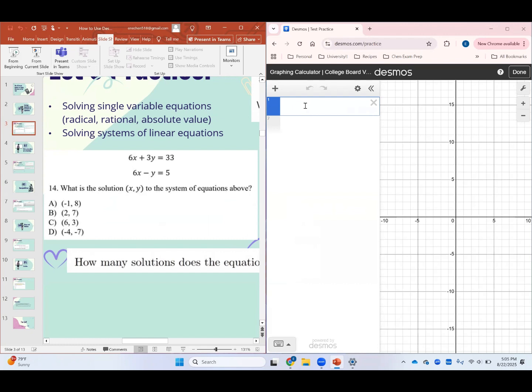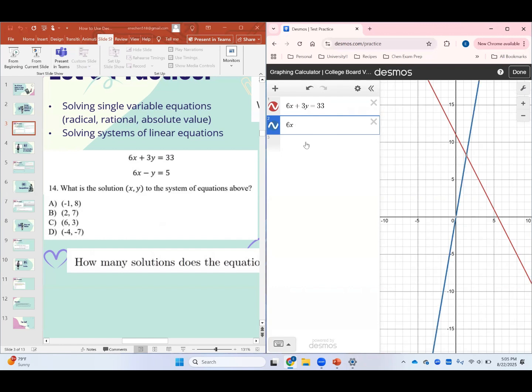So if you're going to solve this in DESMOS, what you can do if you want a really quick way is just to type each equation into each line. So for my first line, I'm just going to type in 6x plus 3y equals 33. And for the second one, 6x minus y equals 5.